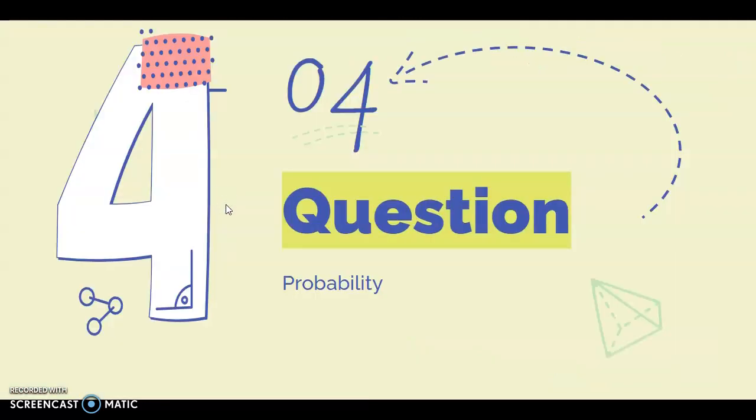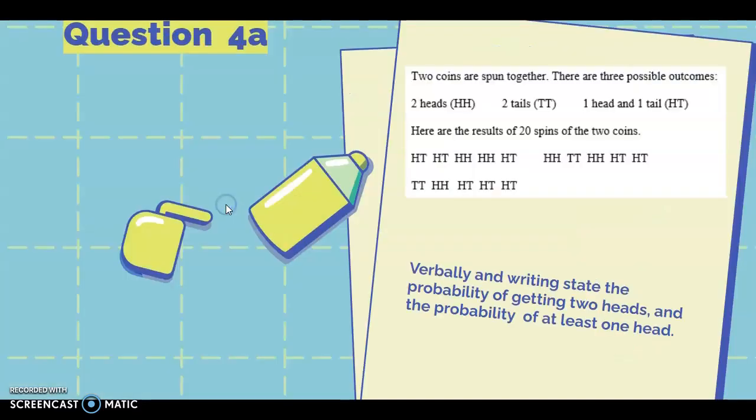Question 4, probability. As you can see in the question, it says that there are 20 results of coin flips, but you can only see 15 on your screen. So I would like you to add the following 5 data sets to your results in order to calculate the probability in this question.